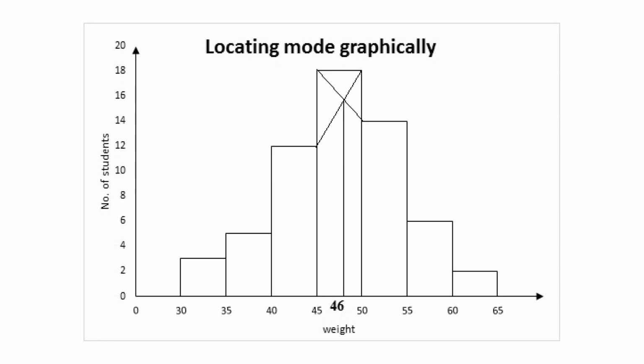From the point where these two diagonal lines intersect, draw a perpendicular line to x-axis. The corresponding value in the x-axis is the modal value. From the graph, it is observed that the modal value is 46.